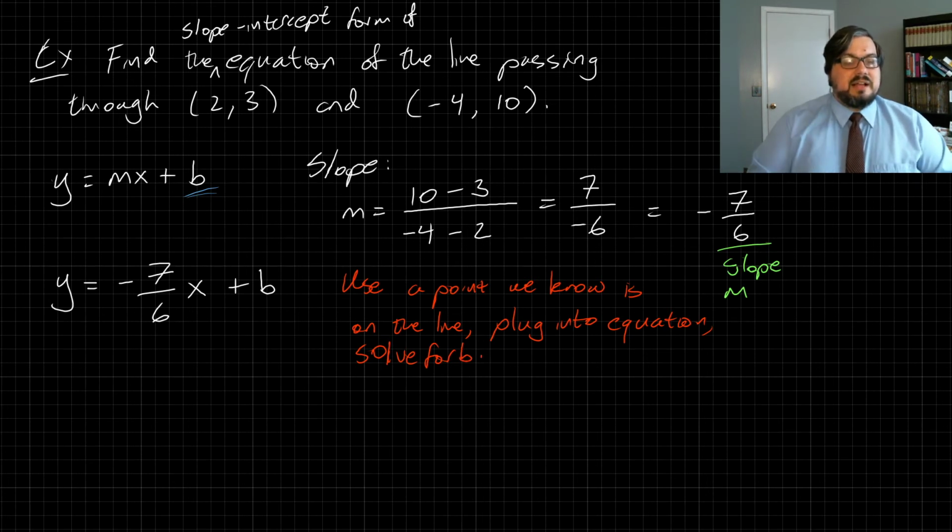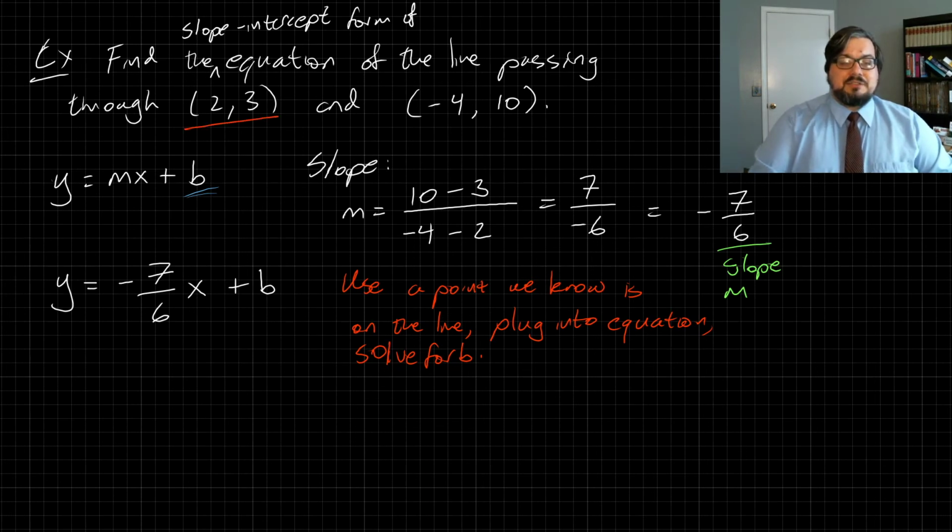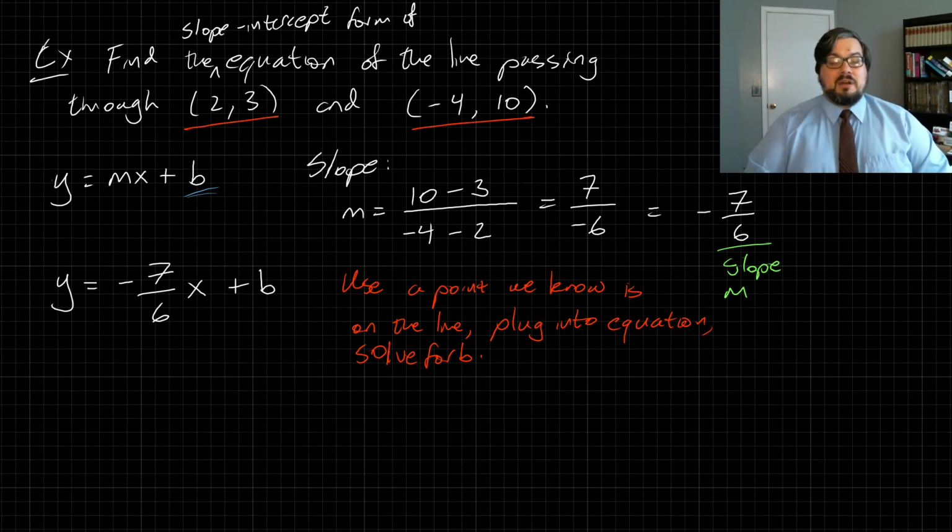The idea here is that the equation that we find at the end of the day will have to be a true statement no matter what point on the line we plug into it. So in particular, we can pick one of the points that were originally given to us, either the (2, 3) or the (-4, 10), and plug them into this equation, and we know it has to be true.